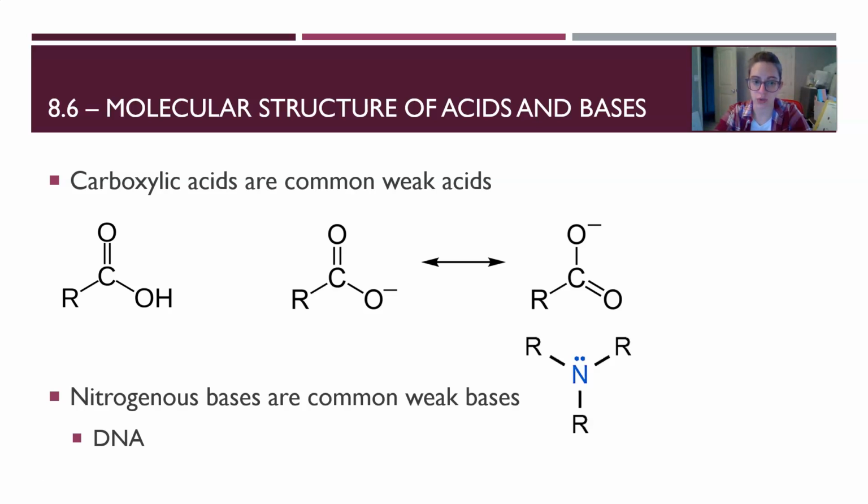The H on the OH group is the acidic hydrogen. That hydrogen is going to leave, thereby making a negatively charged oxygen. Now, that molecule has resonance, so that double bond can be between either oxygen, and the negative charge can be on either oxygen.